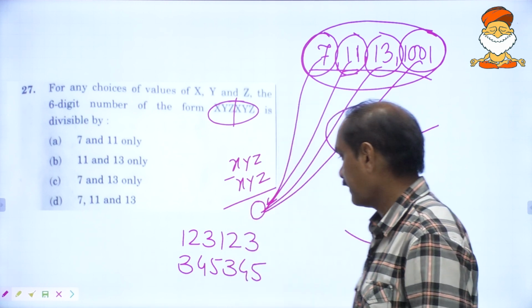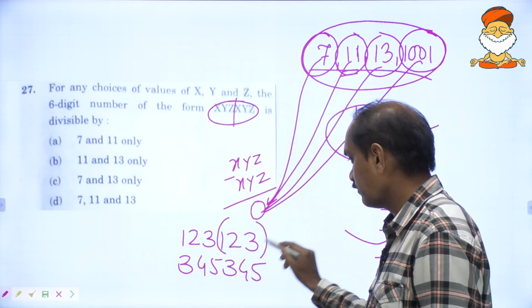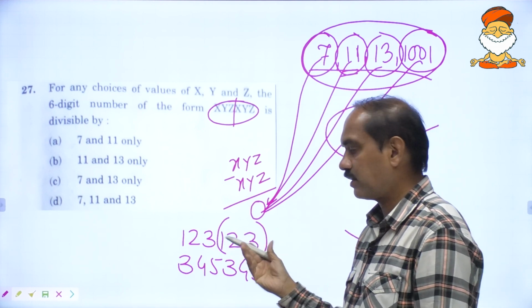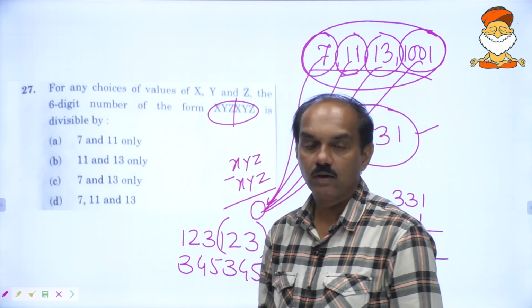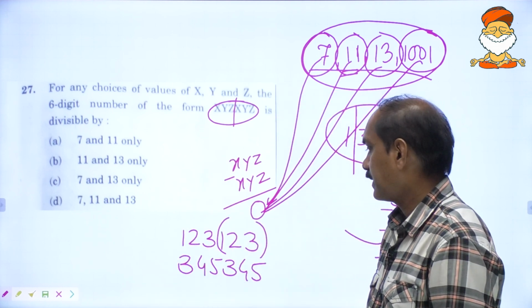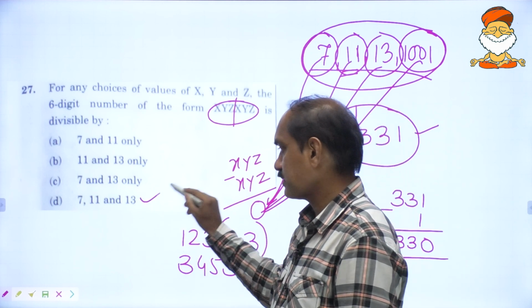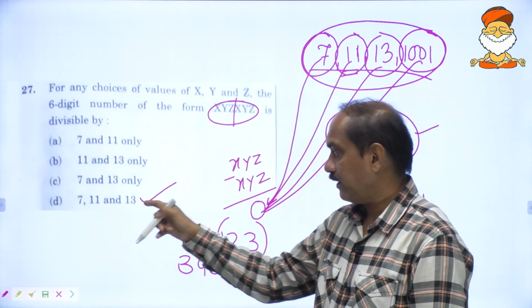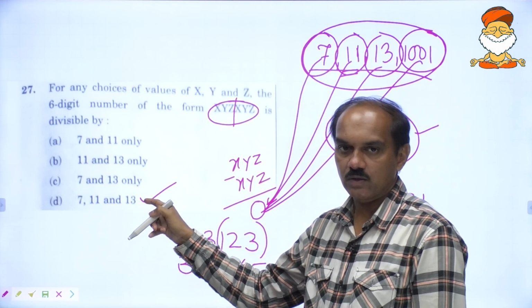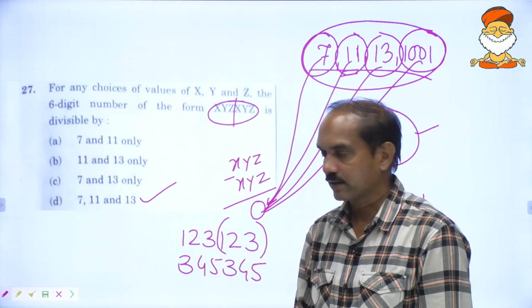The reason being, from the right hand side, a group of 3 digits. One part is 123, the other part is also 123. The difference is 0, and all these numbers will divide 0. Therefore, the final answer is 7, 11 and 13. Even if he puts along with this set 1001, that will be correct answer.